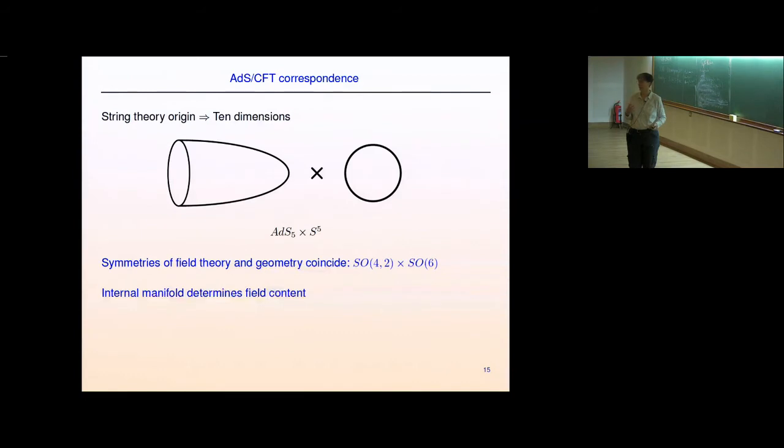So these extra 5 dimensions are also very, very important. If we just have an AdS space, that just tells us we have a conformal field theory. But if you want to know which conformal field theory, you have to introduce this internal manifold, because its symmetries will determine the field content of the conformal field theory.